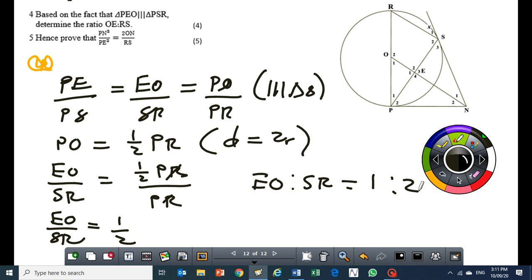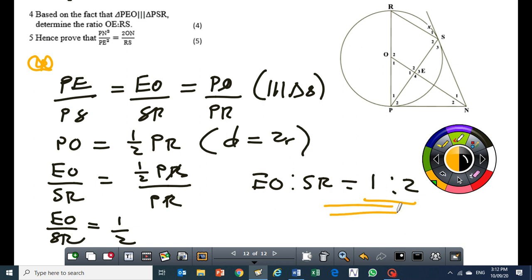One of the answers that I saw was 2:1. It's not 2:1, it's 1:2. If the fraction is like this, when you write the ratios, you keep the numerator on the left of the colon and then you put the SR on the other side, the 2 on the right of the colon. And then you're done.